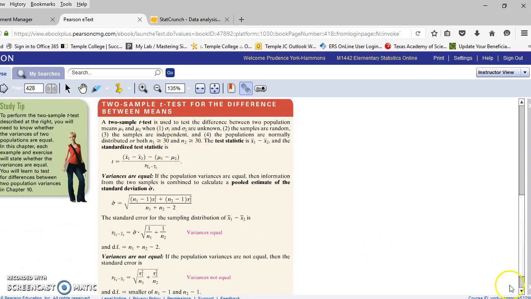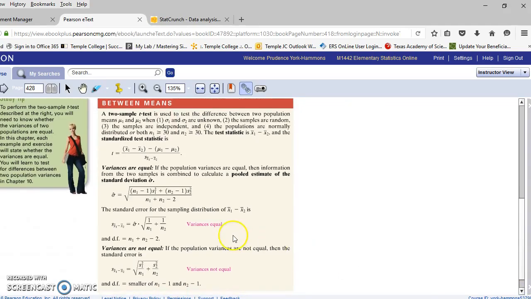Now, the other important information we need to talk about is variances for the sets. If they tell you the variances are equal, you use the degrees of freedom equal to n1 plus n2 minus 2. If the variances are not equal, you pick the smaller of the two sample sizes and then subtract 1 from that sample size.